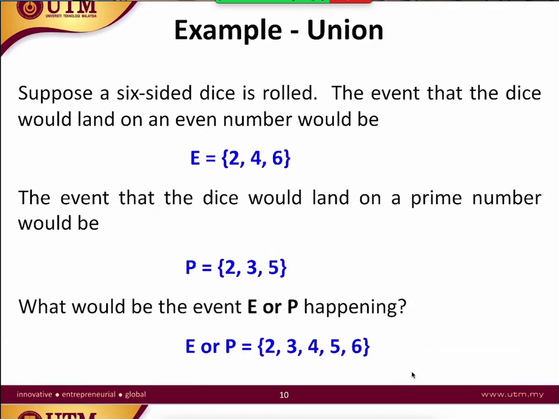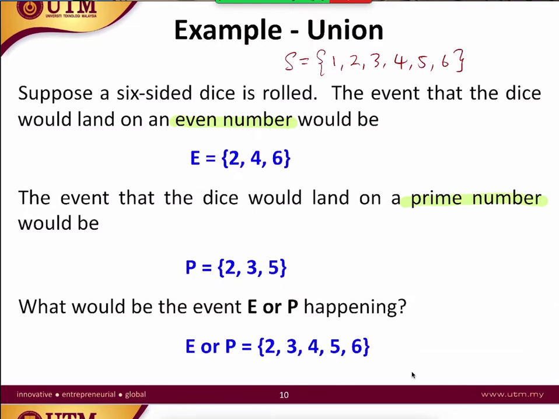Now based on our sample space, I just wrote it down again. The first event that we were interested in just now was the even number. Let's say we are interested in another event: what is the possibility that it will land on a prime number? I hope you still remember what a prime number is.